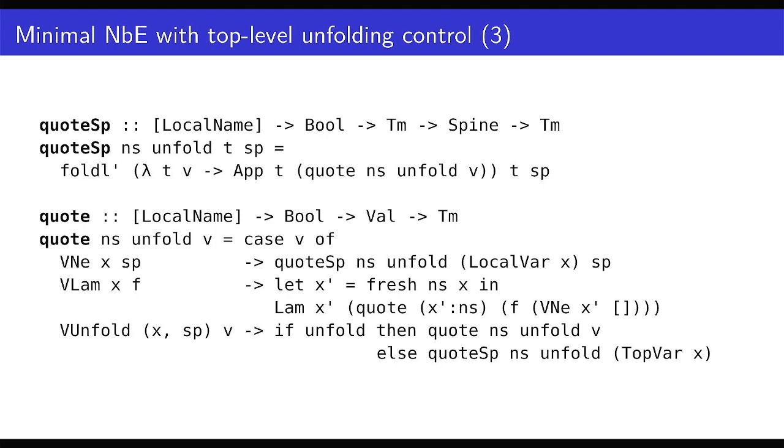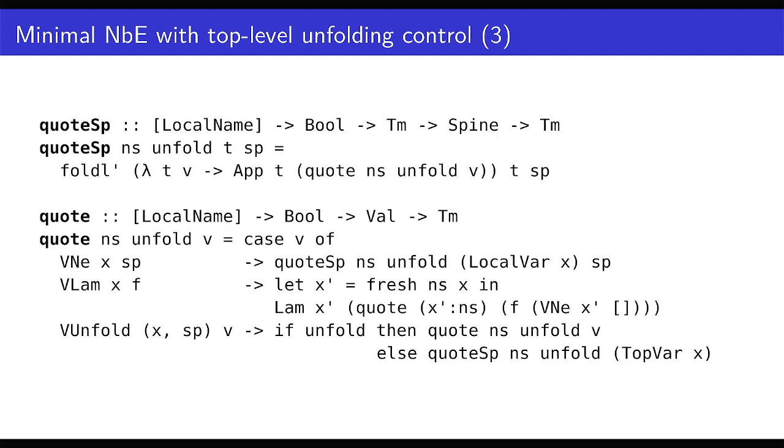Okay, maybe there are some questions related to this? Yes. I don't understand, maybe I'm just misreading this, but your v-unfold case says if unfold, then call quote again with unfold.